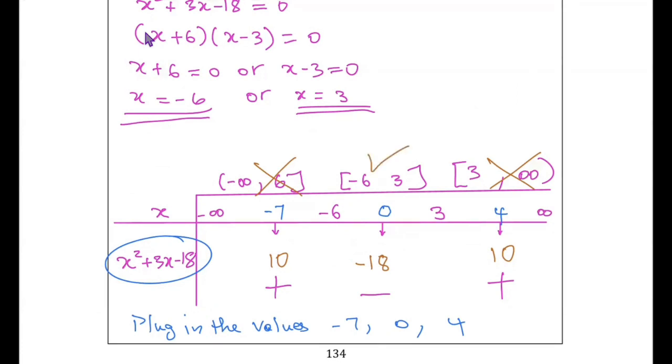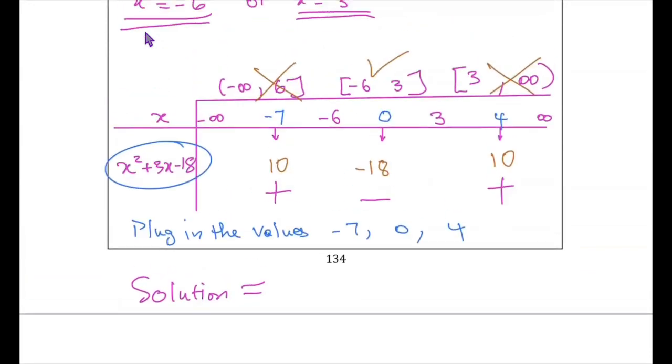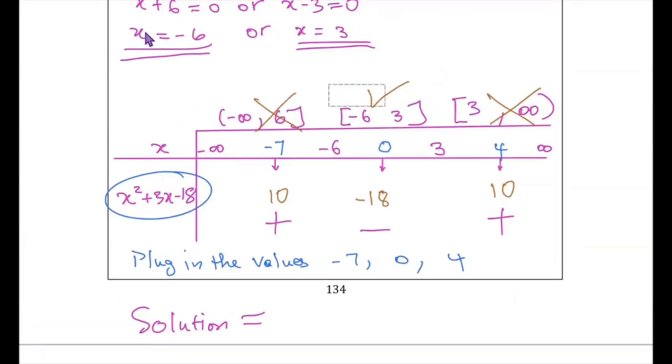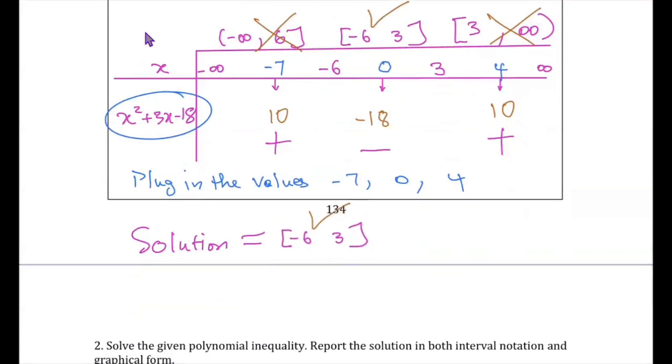And then your solution here will be from -6 to positive 3.